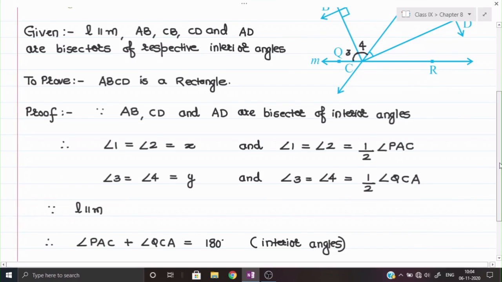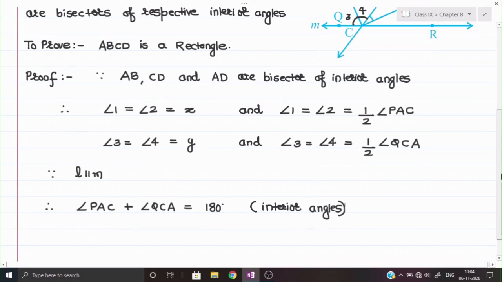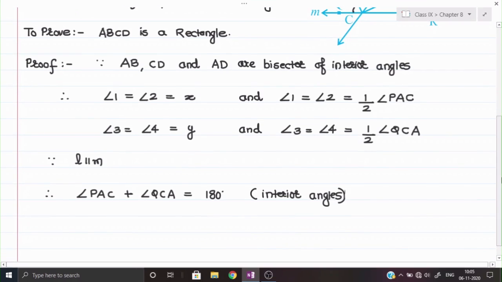Here you observe angle PAC and angle QCA will be equal to 180 degree.